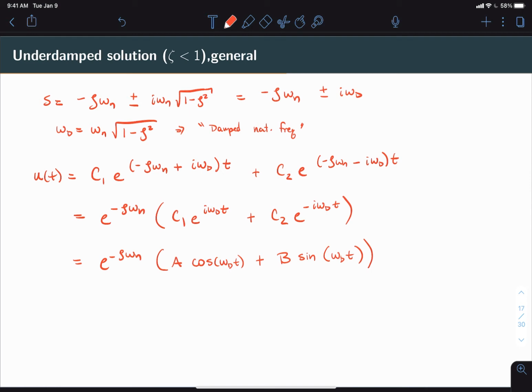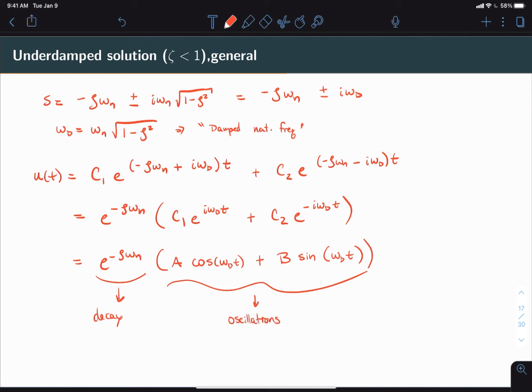Now the important thing to notice here is that we have two distinct portions to this solution. The negative exponential here is going to contribute to a decay. It's essentially a decaying function. And the cosine and sine term, in parentheses, that's going to contribute to our oscillations.